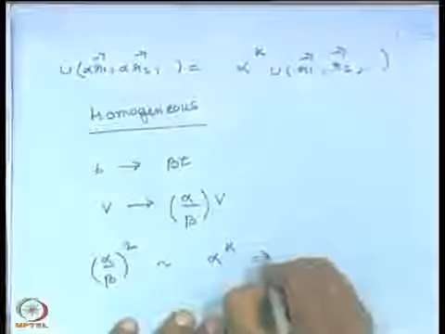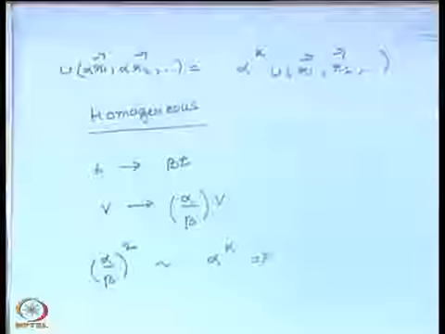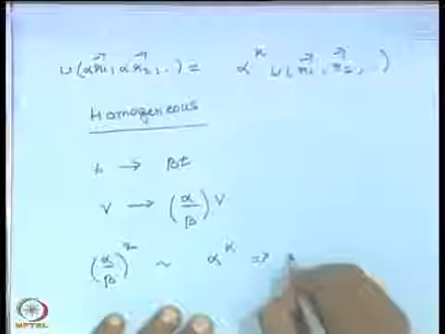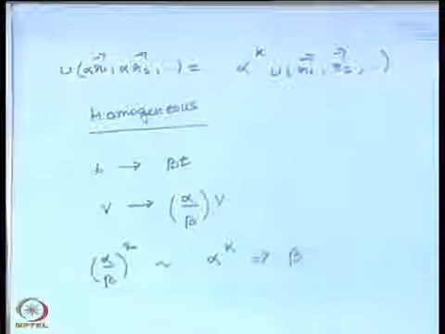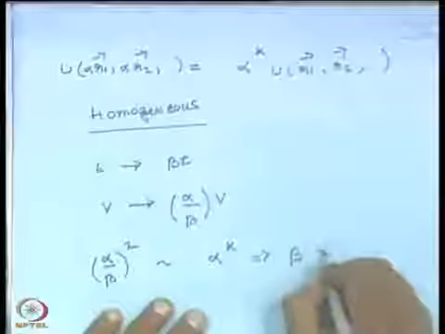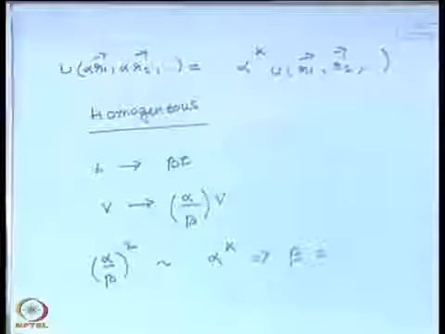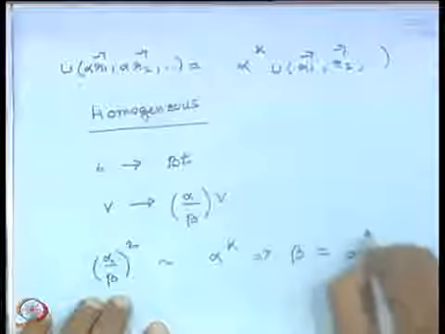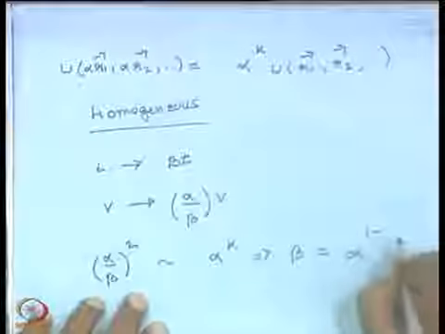Which implies that beta should be equal to alpha to the power of 1 minus k by 2.